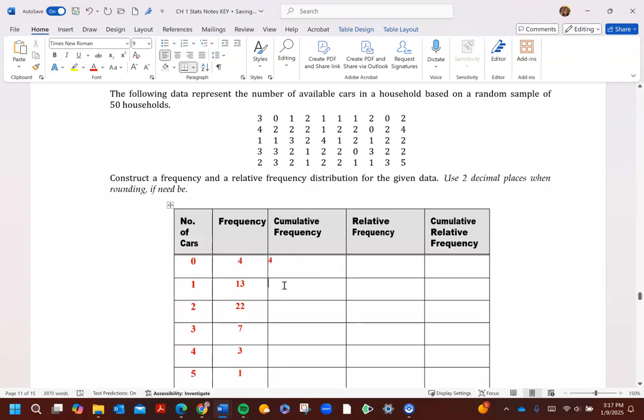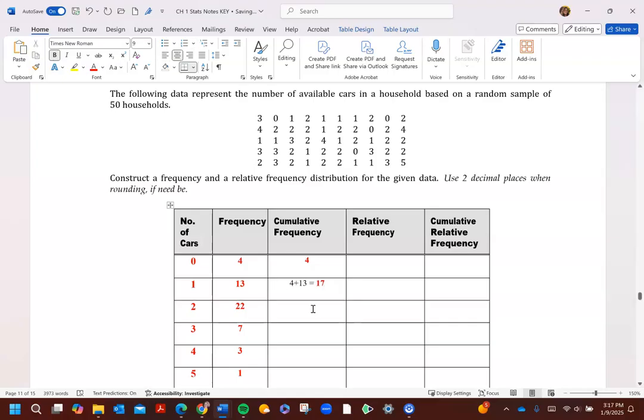So this one is going to be 4 plus 13, and so we're going to have 17 there. You don't need to write in all the math on that. You can just do it in your head. I'm just doing it here to show you so you can get the gist of how it should work.